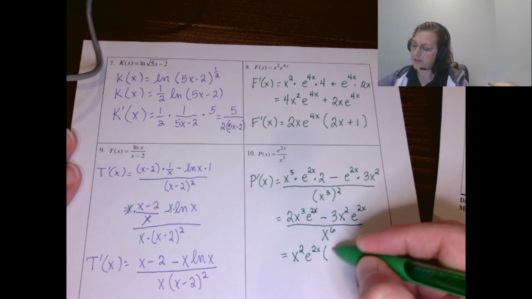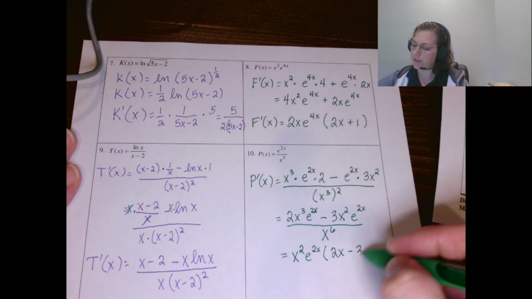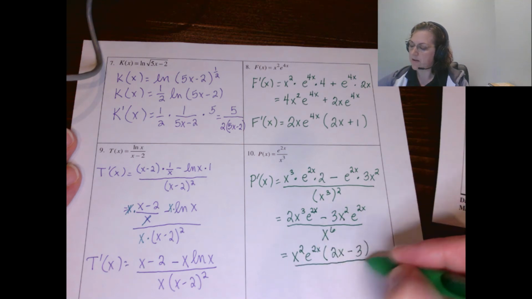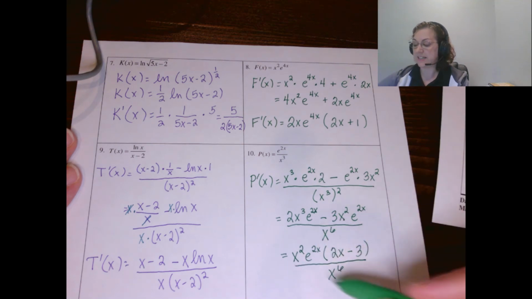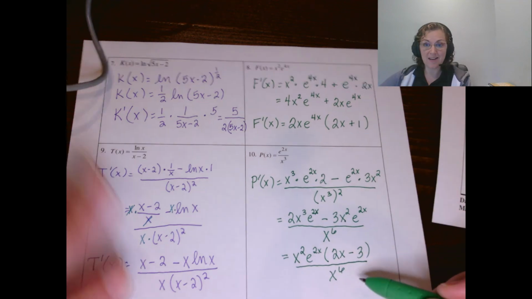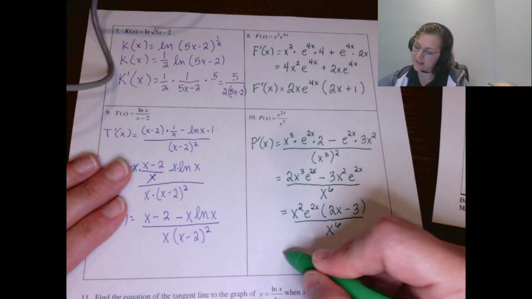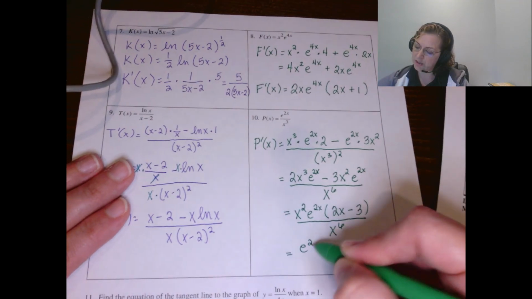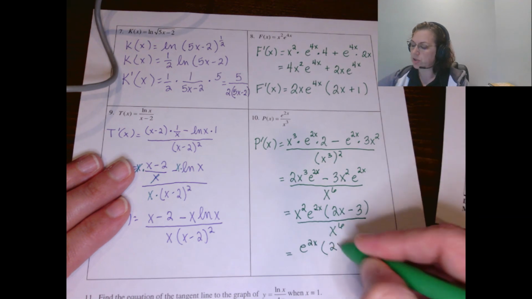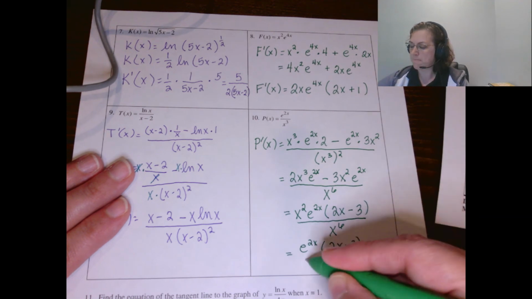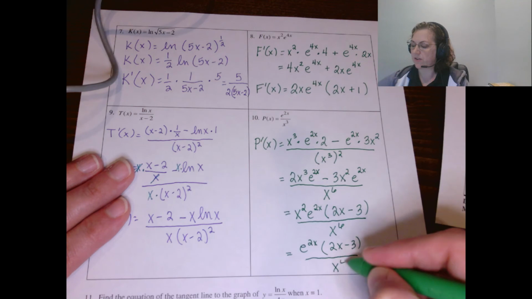That leaves me with 2x minus 3 and still divided by x to the 6th. So now I can get two of those x's to cancel. So I've got e to the 2x times 2x minus 3 over x to the 4th.